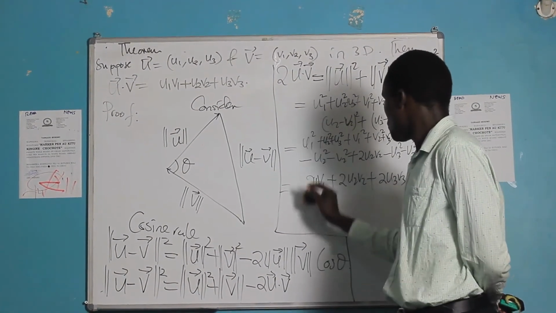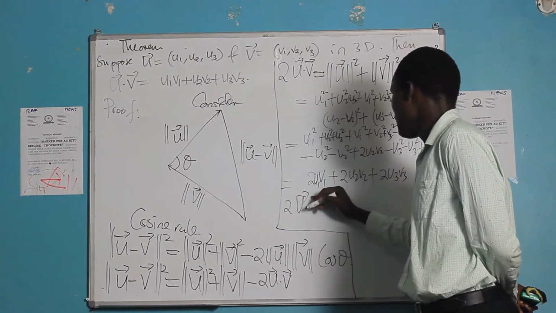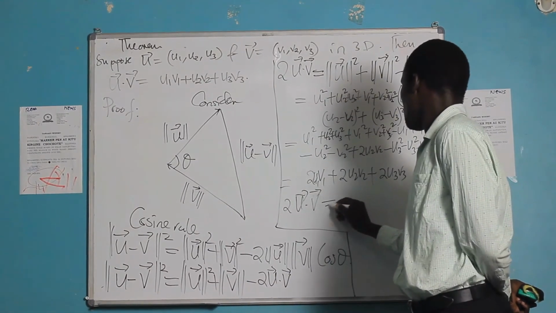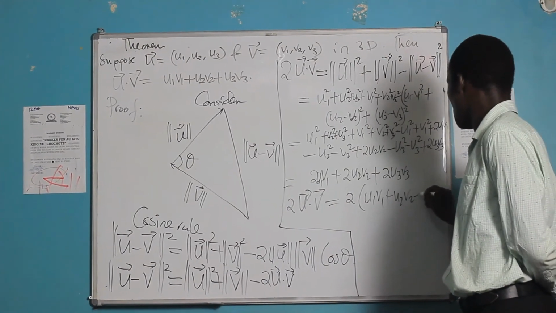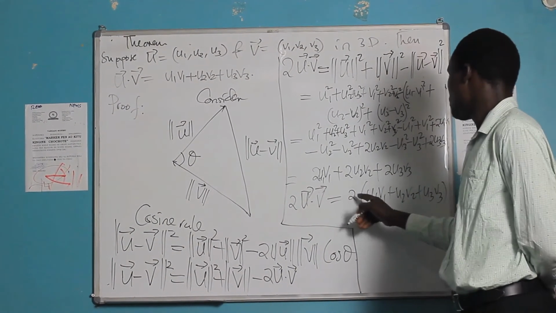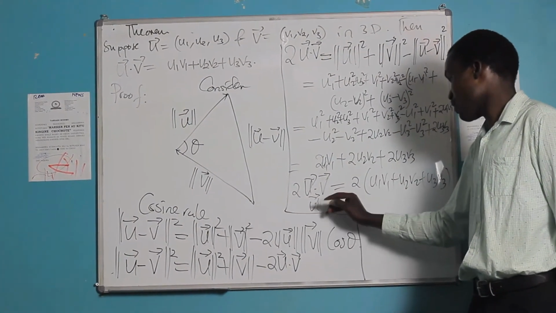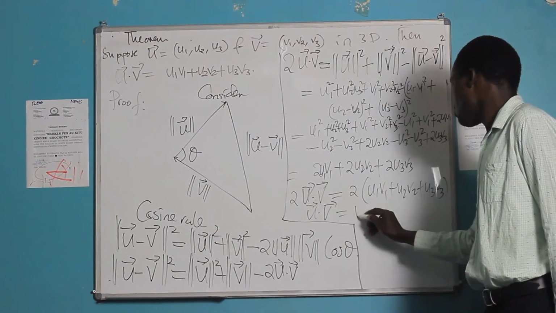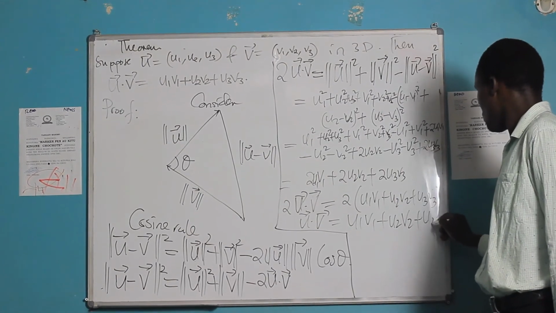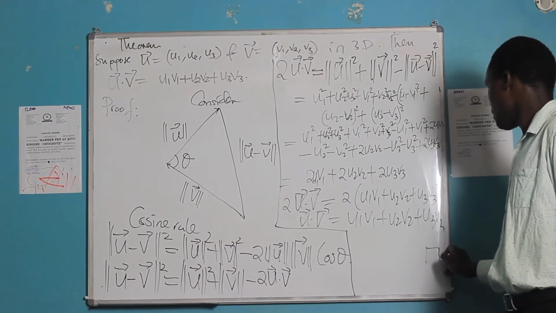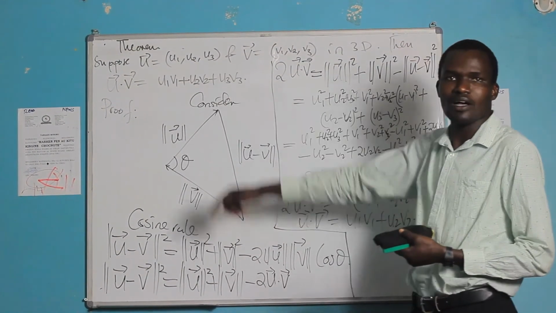And therefore you get 2 u dot v equals 2 times (u1 v1 plus u2 v2 plus u3 v3). 2 and 2 will cancel. Then we remain with vector u dot vector v, which is u1 v1 plus u2 v2 plus u3 v3. And this is the end of the proof, which gives us what the theorem has told us.